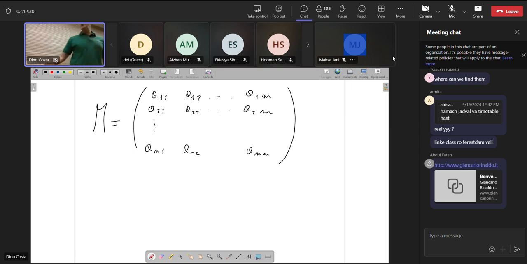Okay, so we have this matrix, a rectangular object. In this case, it is n rows times n columns. But one can ask, what are the entries? Aij in general is a number.